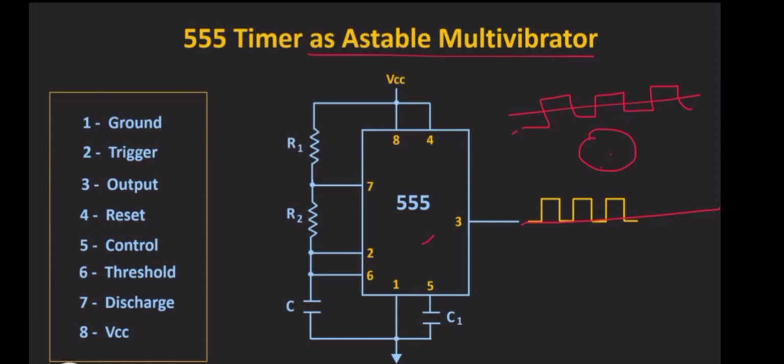Since it is a free running oscillator, we won't give an external signal to this astable multivibrator. Without giving an external input, we are generating a waveform, so it is called an oscillator.